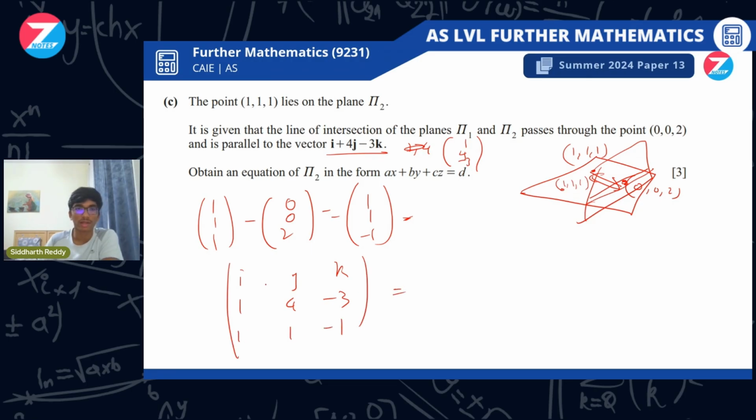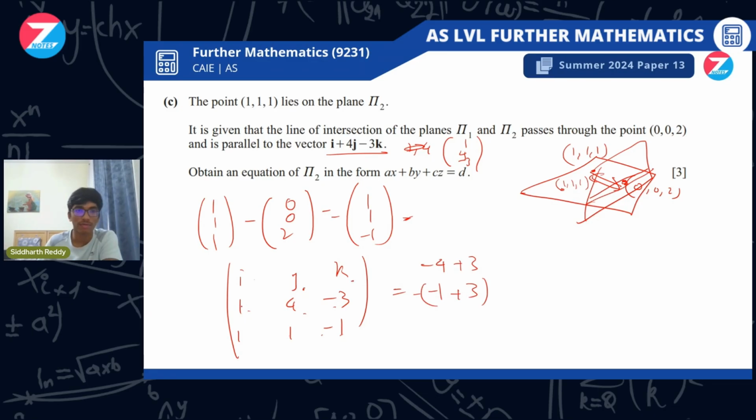So for i, the first part will be 4 times minus 1, which is minus 4, minus minus 3 times 1, which is plus 3. For j, we have 1 times minus 1, which is minus 1, minus minus 3 times 1, which is plus 3. But because it's j, again we have to put the minus.